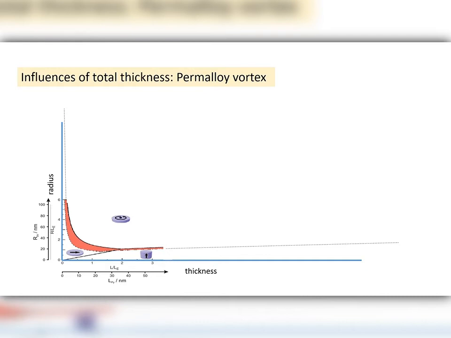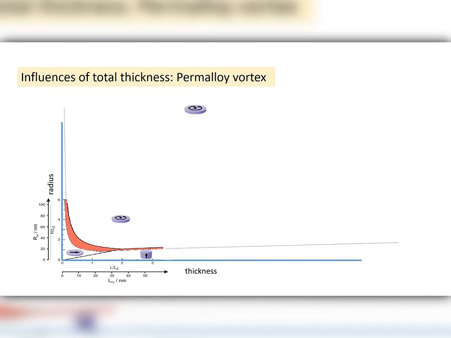We have done a lot of vortex studies, and you see here permalloy is also a fruit fly for magnetism. You see here the phase diagram for permalloy vortex formation as a function of radius and thickness, and in a wide range you have the appearance of a vortex.